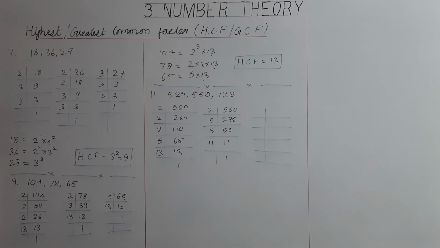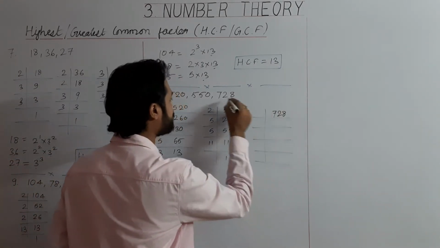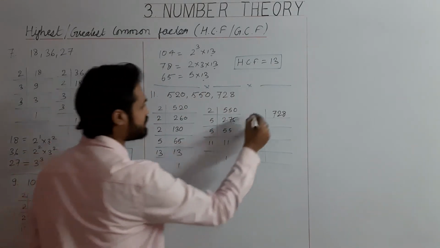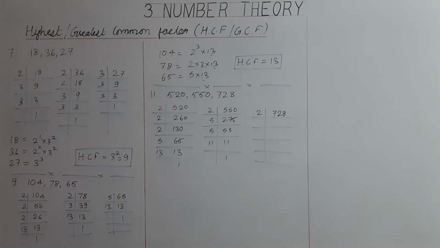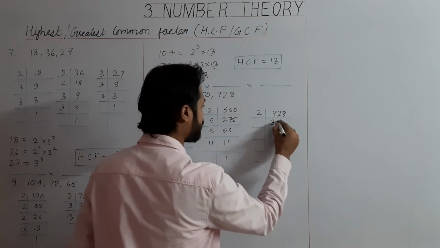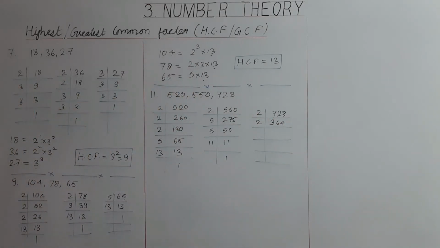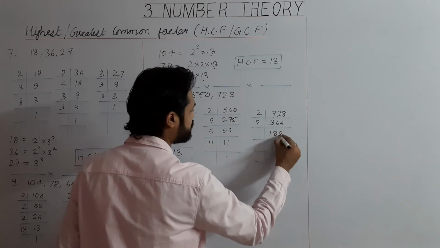Now 728 is the number. It's an even number. So we'll divide 728 by 2. We'll get 364. Again this number is even number. So we'll divide 364 by 2. Half of 364 is 182.